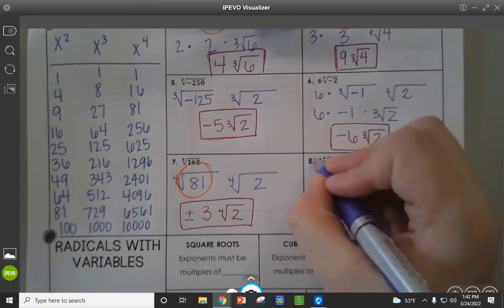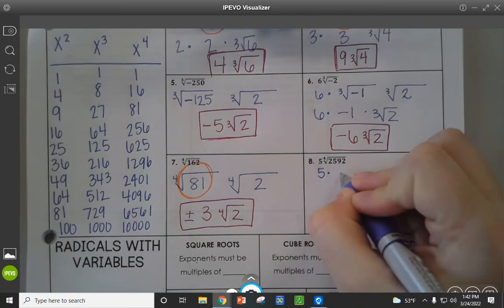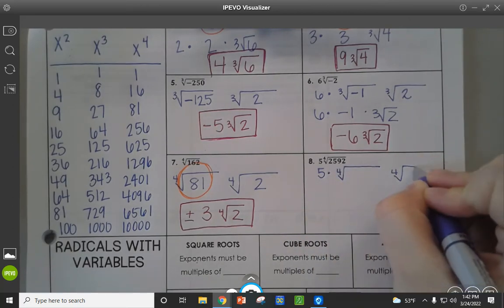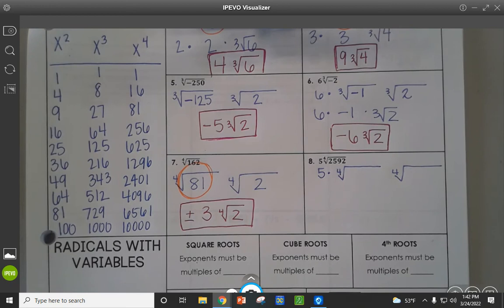And then number 8, this is 5 times fourth root. What is the largest perfect fourth that goes into 2,592?